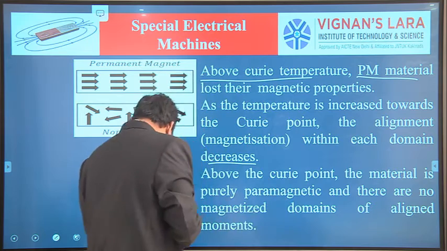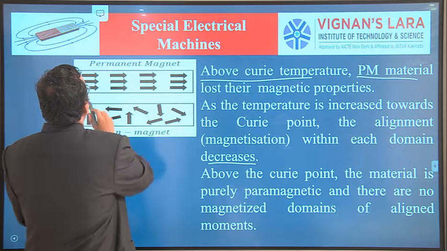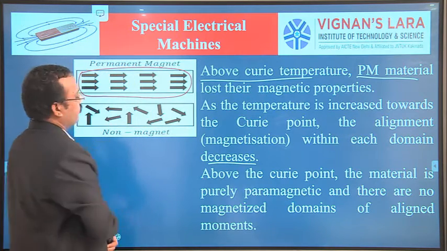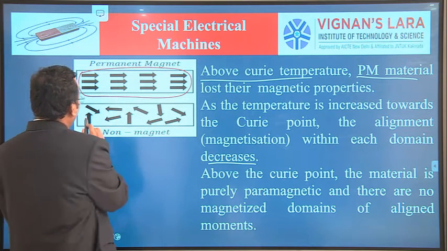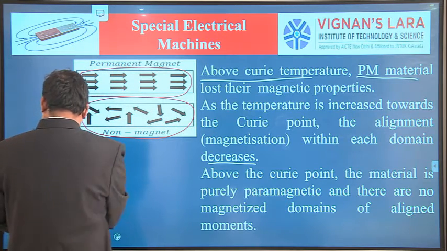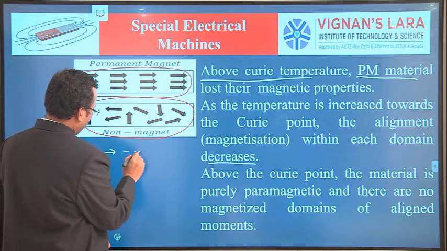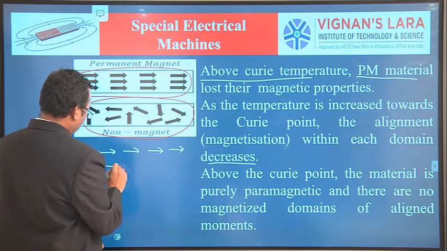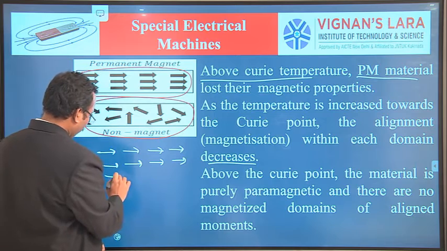Already we discussed. See here, this is the dipole alignment below the Curie point. This is the magnet dipole alignment above the Curie point. This is a magnet dipole of the permanent magnet material, and this is the orientation of the magnet dipoles.